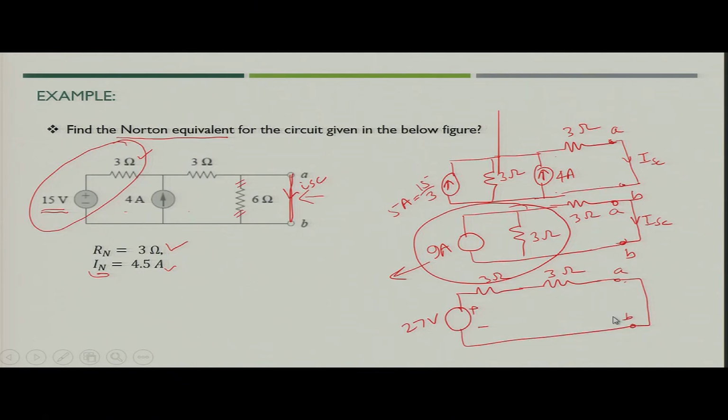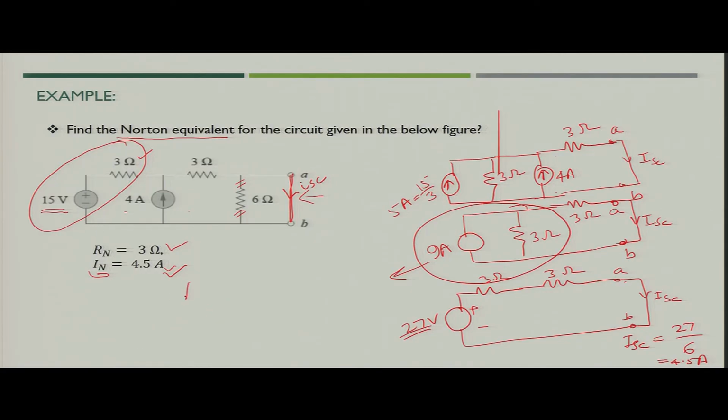Now, it has become very simple, which you can see simply from the circuit itself, that what would be the value of short circuit current. Here the short circuit current value would be, that is the voltage source 27 divided by 6. So, what you got is 4.5 ampere. So, now you got Norton's current, that is the short circuit current, as 4.5 ampere.